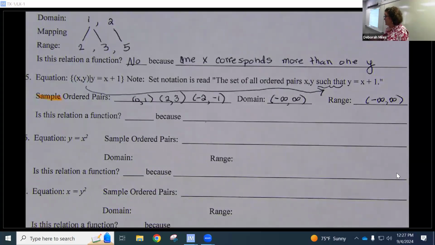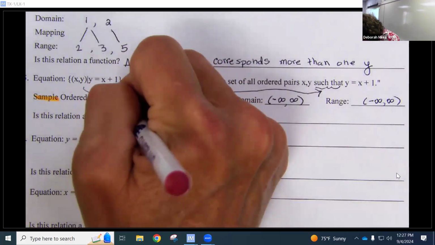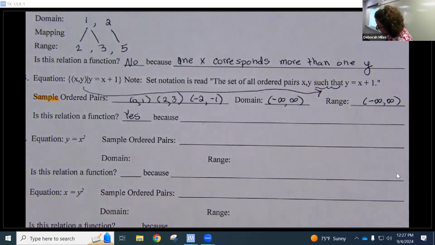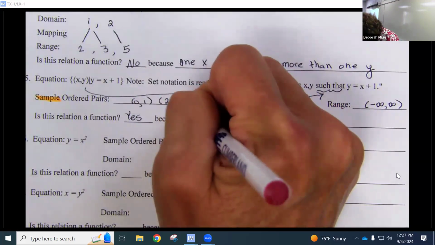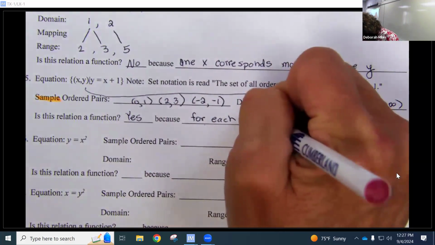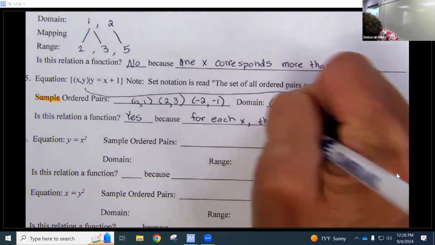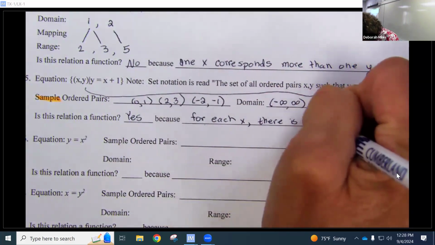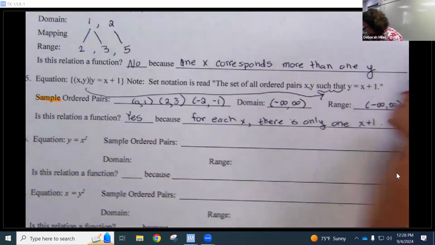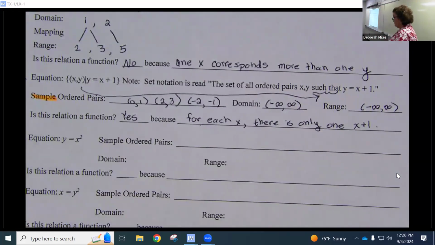So is that a relation? Is that a function? Yes. Because for each x, there is only one x plus 1. And that's what y is in this relation.